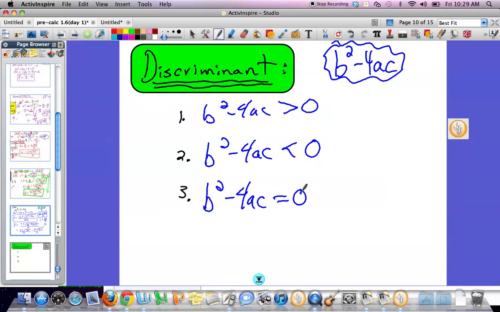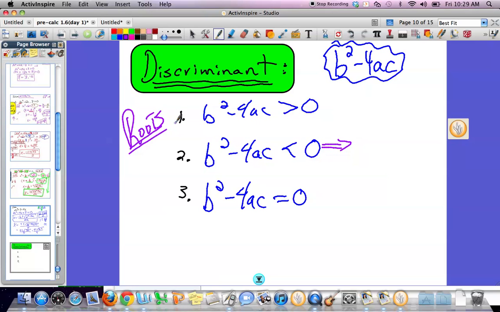Let's start in the middle. The middle one's the easiest. If your discriminant is less than 0, we had one like that today. What did we say the answer was? It tells you about the roots. What does it tell you about the roots? So we're talking about the nature of the roots.